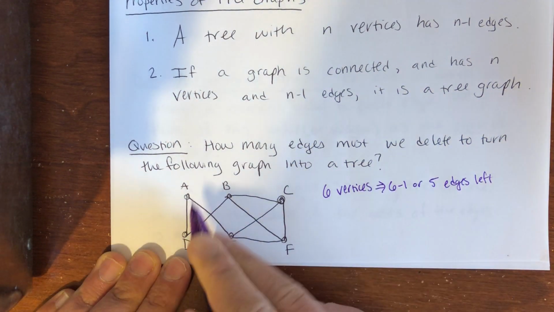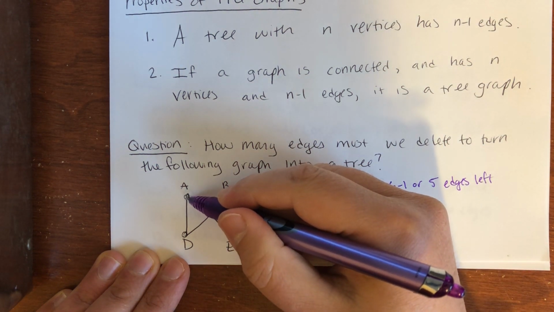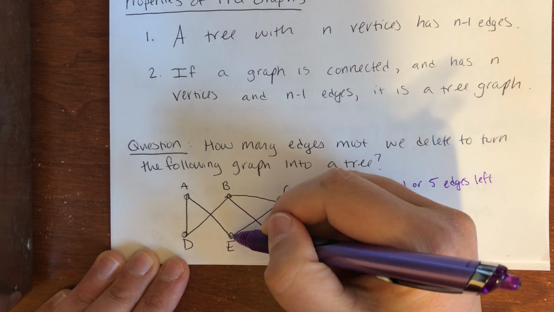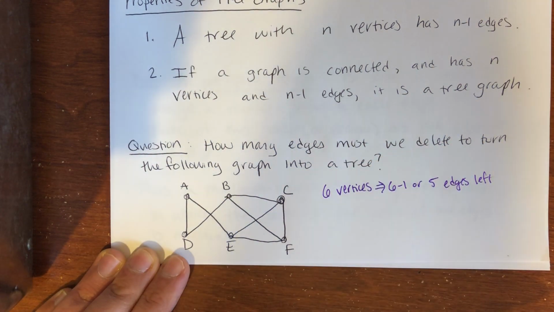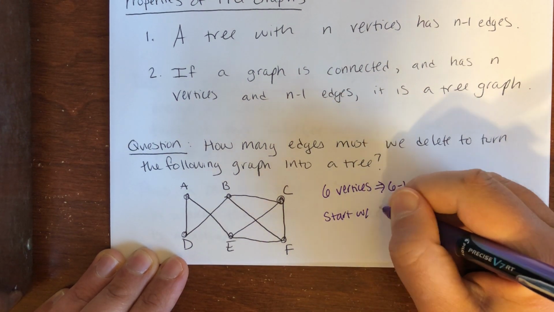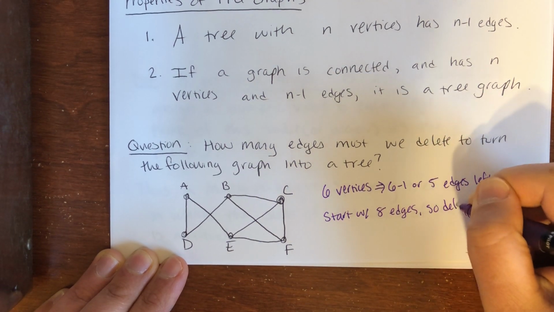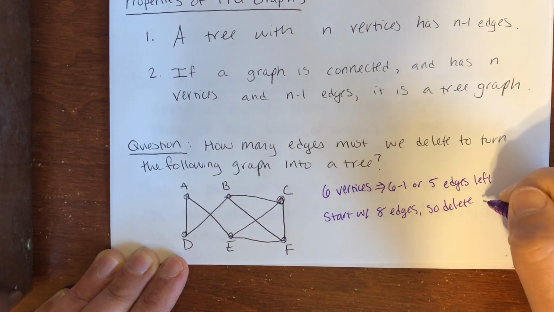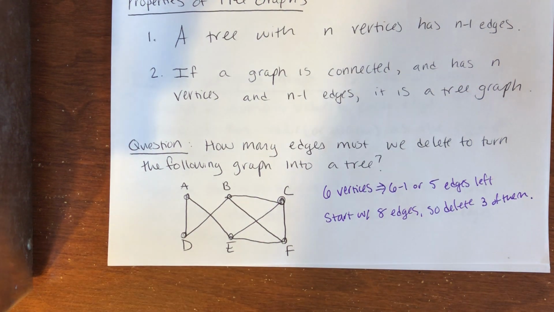So we need to delete edges so that there's only 5 edges left. Well, to start with, this graph has 1, 2, 3, 4, 5, 6, 7, 8 edges. We start with 8 edges. So if we want to have 5 left at the end, we need to delete 3 of them. Can we delete any 3 edges and leave ourselves with a tree graph?